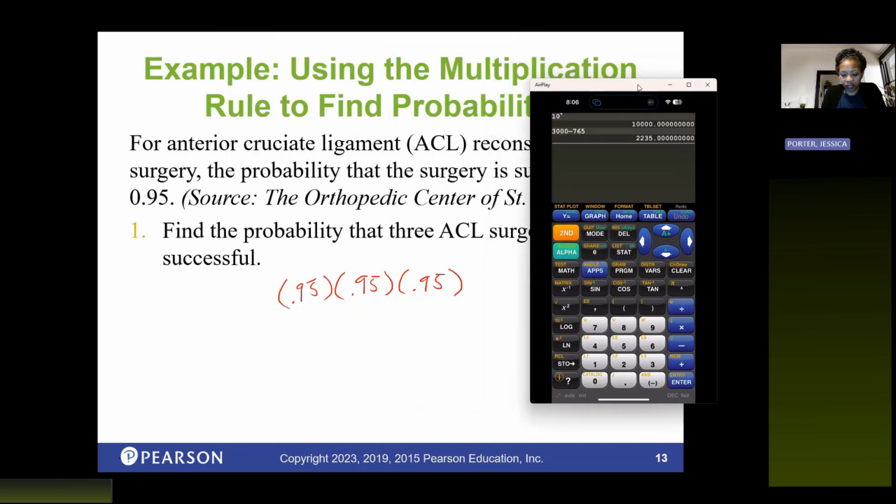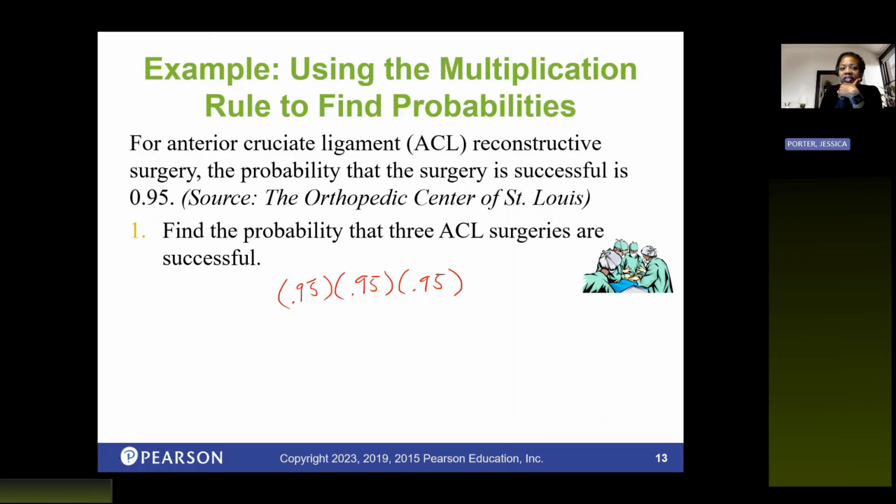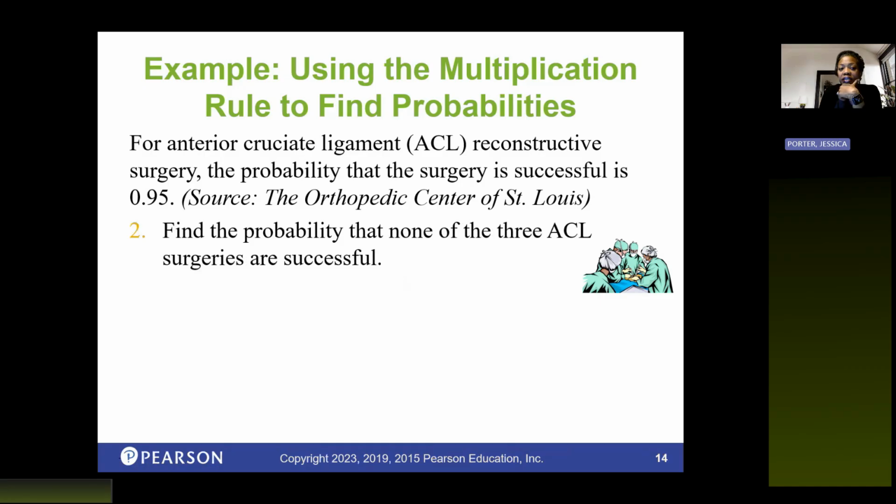Yes, ma'am. Confirmed, 0.857. Thank you. So this AirPlay actually doesn't stay on. That's not fun. But it looks like we're going to have time to get to 9.1 where we're going to need it.